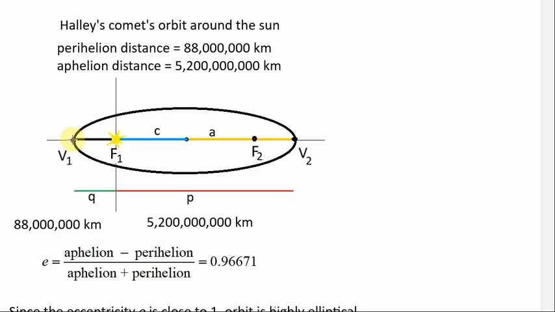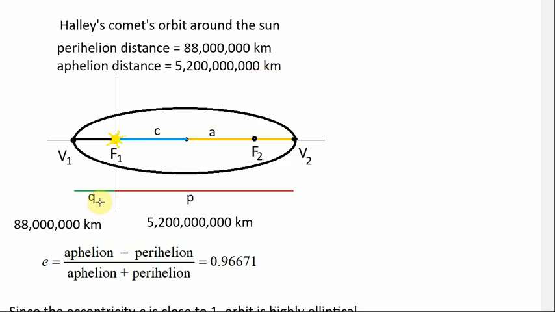When the comet is right here, this distance we call the perihelion distance, or we say that the comet is at perihelion. And when the comet is at this position, it is said to be at aphelion. The aphelion distance will be the distance from the sun to vertex number 2, which is approximately 5,200,000,000 kilometers.